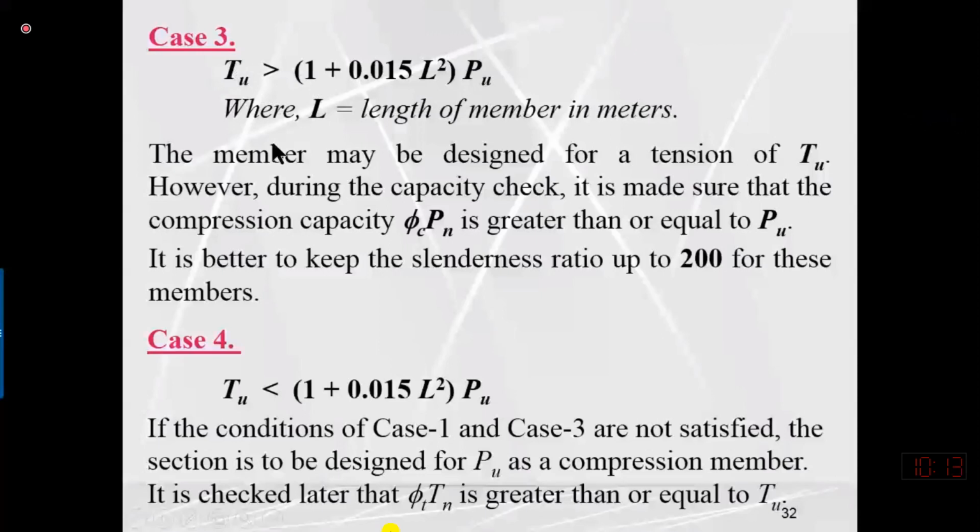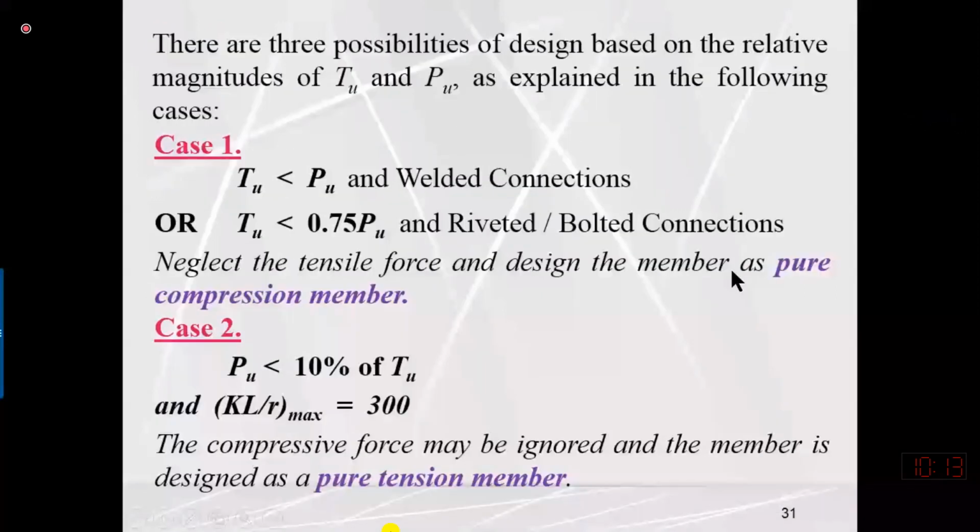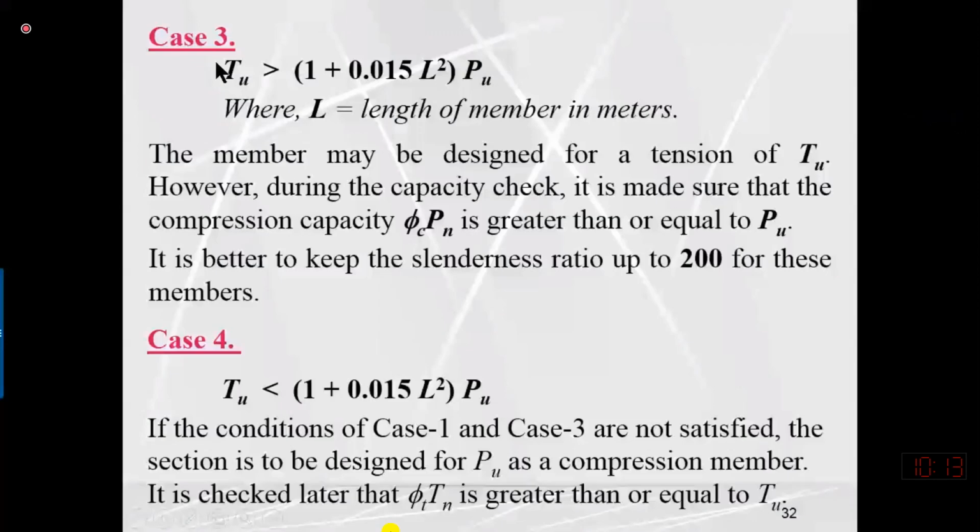Or in other words, if case one is satisfied, the member is a pure compression member. If case number one is not satisfied and case number two is satisfied, then the member is a pure tension member. If case one and case two both are not satisfied, then we obviously have case number three. Then this member will be regarded as a stress reversal member.